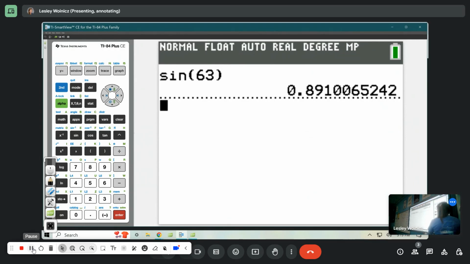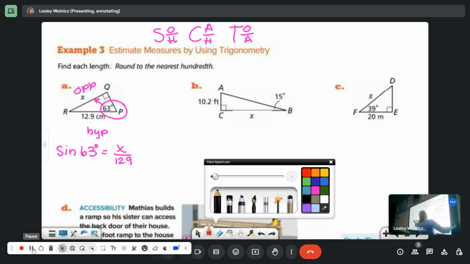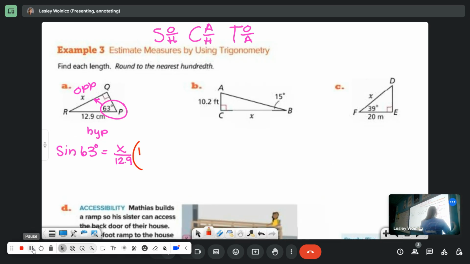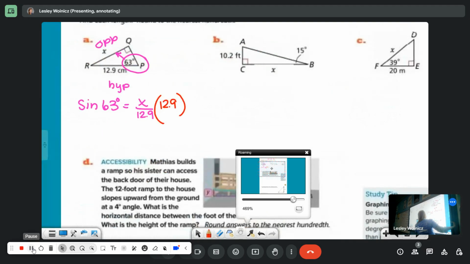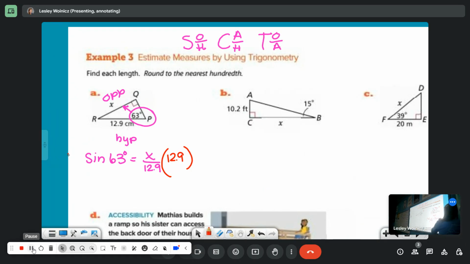Okay? So, if I'm trying to get my x alone, and this is just a number, how do I undo dividing by 12.9? I just multiply by 12.9. So I'm going to multiply on this side by 12.9, and I'm going to multiply on this side by 12.9, after I give myself a little bit more room because I planned this terribly. Okay, so these cancel.